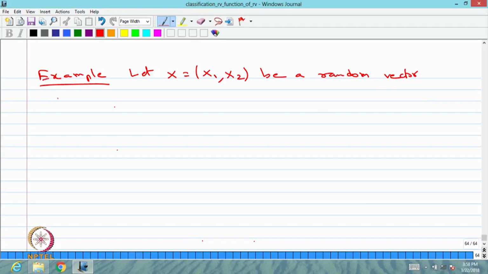Example, let capital X be the vector whose elements are x1 comma x2, a random vector with joint probability density function given by, that means both the random variables x1 and x2 are continuous type random variables.